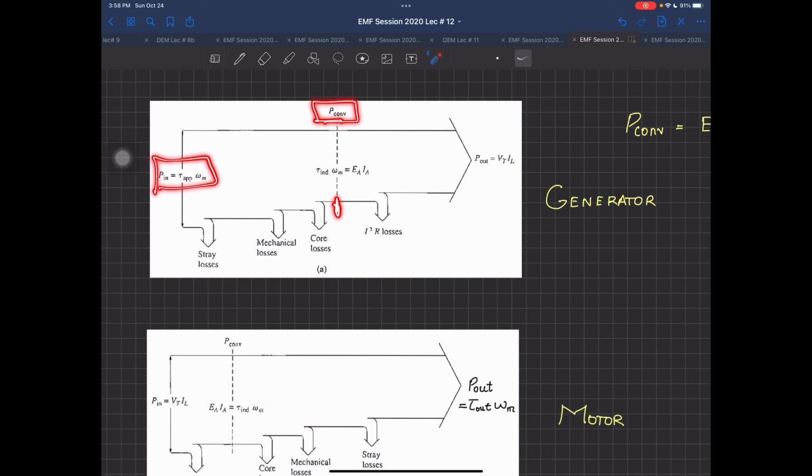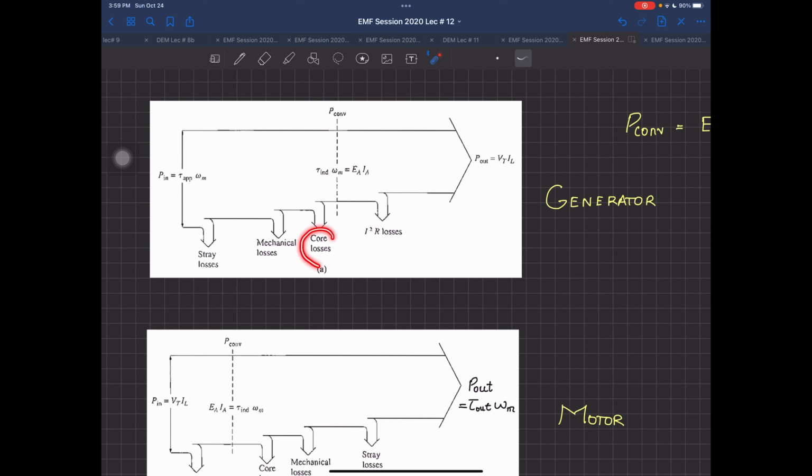From mechanical power, it is now converted to electrical power over here, P converted, and this is equal to E_A I_A, because E_A is the induced EMF of your generator, I_A is the current taken out from your armature through your carbon brushes, certainly to the load, and then this E_A I_A is going to pass through the resistance of the armature, that is I squared R losses over there.